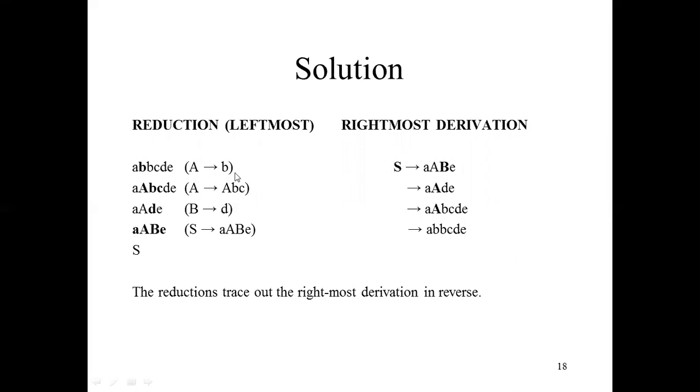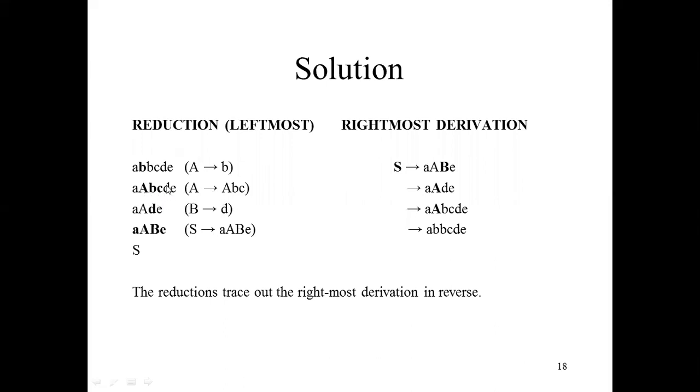You can see here small a, this b we are replacing by capital A. So we are writing here small a, capital A, and then again b, c, d, e. We will write again the same here.